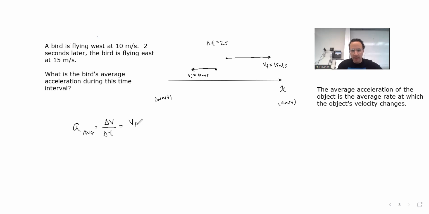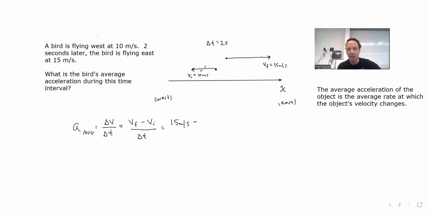So this is the final velocity minus the initial velocity. The change in anything is the final value minus the initial value, divided by the change in time. All right, let's see. The final velocity is 15 meters per second to the east. That's positive. So the final velocity is 15 meters per second.